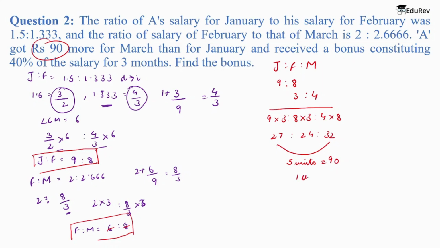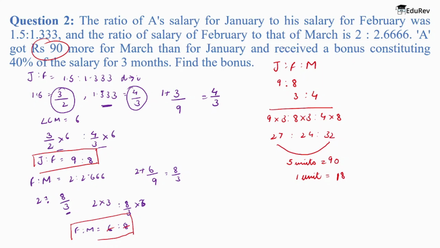So 1 unit is equal to 18, right? They have said that A got 90 more. So the difference is of 5 units and is of 90. So 5 units is equal to 90 rupees.